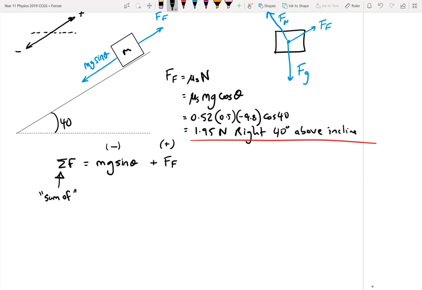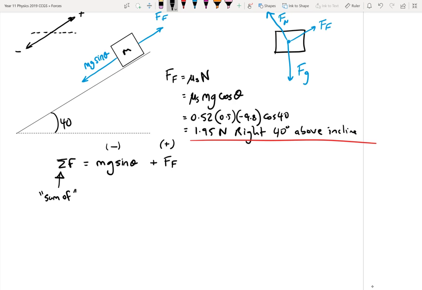So the sum of all forces is force 1 plus force 2 plus so on, for as many forces as you have. That's why you have to force the sign convention. When you're adding them, this will have a negative value because you're telling the marker that down the incline is negative and up the incline is positive. So the mathematics does the work.